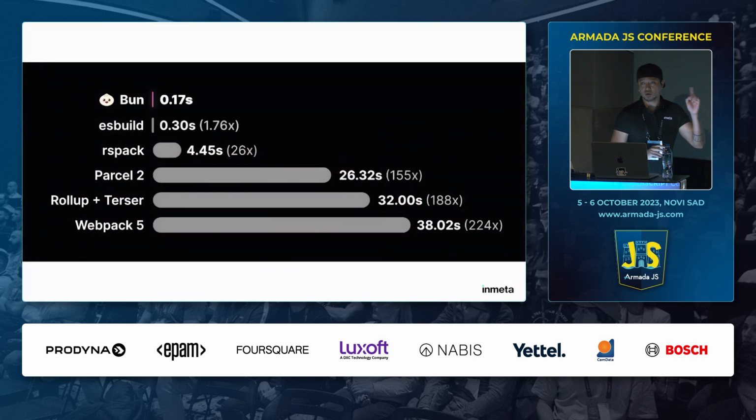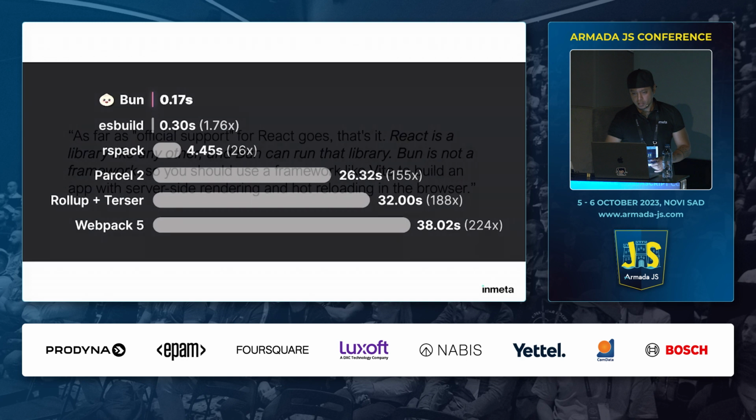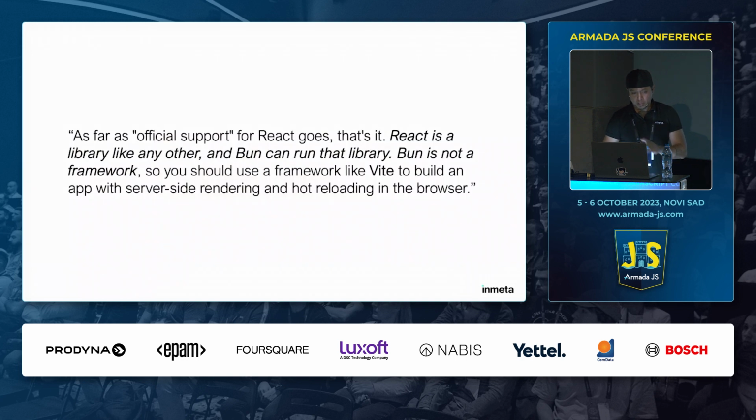And this is their own benchmark, by the way. Way faster than esbuild, Rspack, Parcel, Rollup and Webpack. But in Bun, it says here, this is from the docs, for example, in React, Bun can run that library, React.